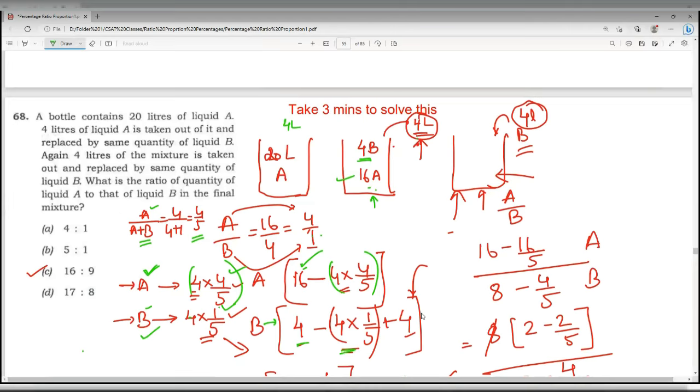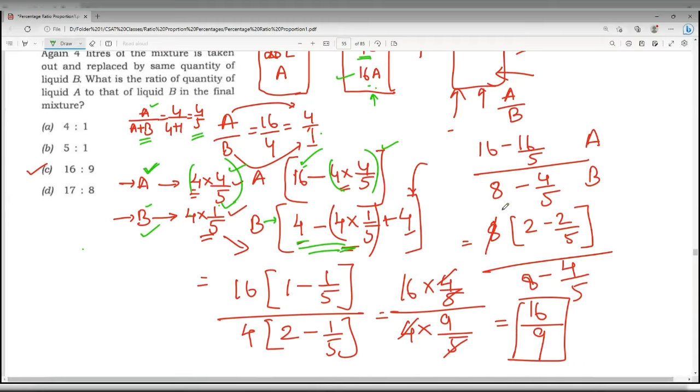And now you are removing this 4 liters. In this 4 liters, 4 into 1 by 5 would be the amount of B that you would be removing. And then after that, you are adding one more 4 liters here. So this would be the final amount of B, and this is the final amount of A in this container. And I'm taking the ratio here.